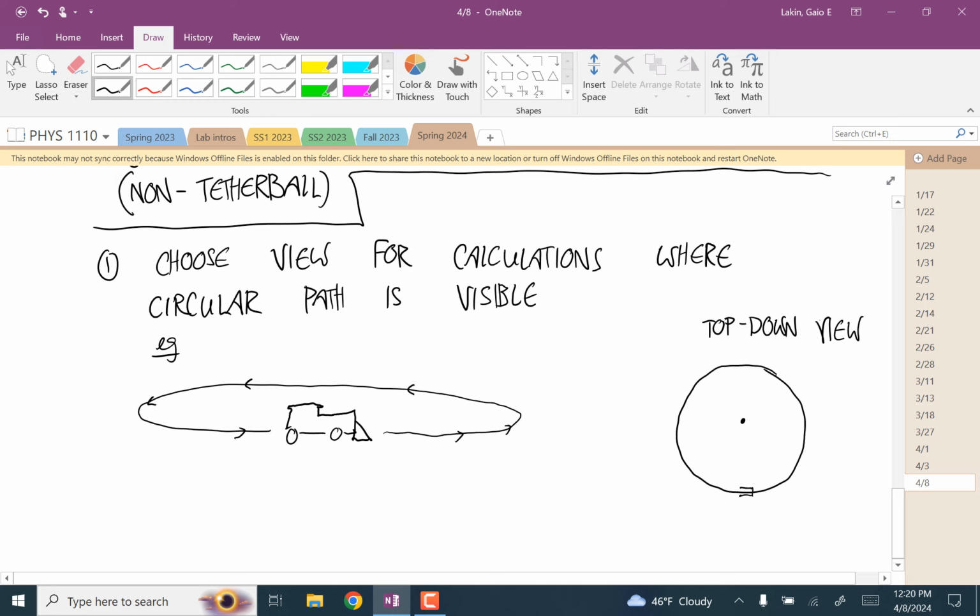And so the train is here, and it's going this way. If you don't choose to do the problem from a perspective where you can see that shape as a circle, then it's going to make everything a lot harder. When you choose this view, you're also choosing where your coordinate system is going to be. So once you choose your view, your coordinate system exists in that plane.